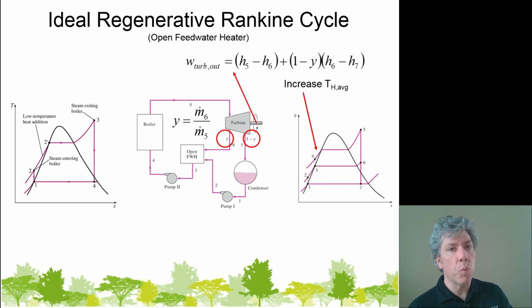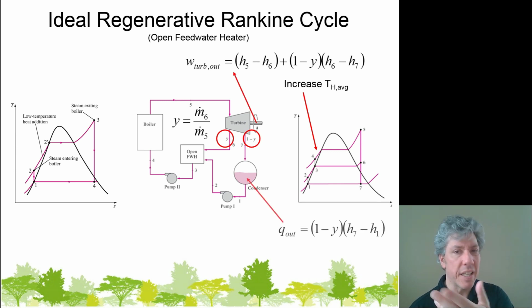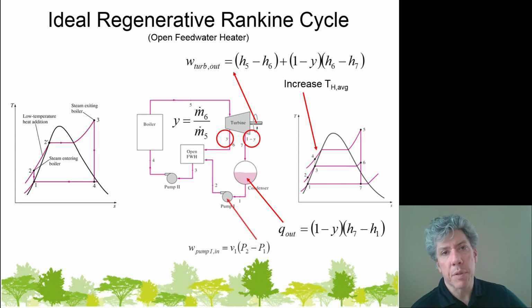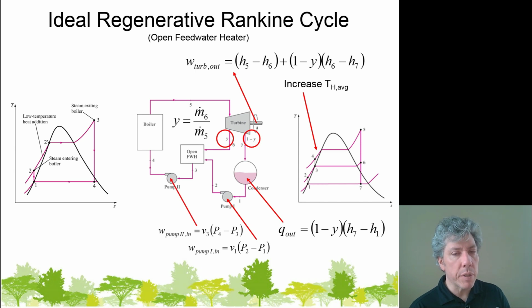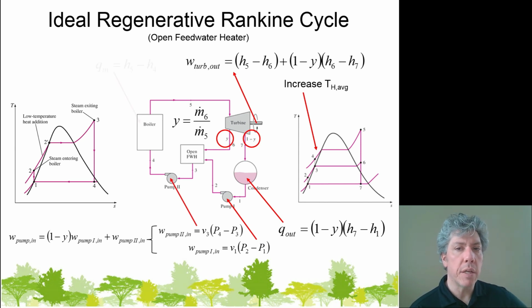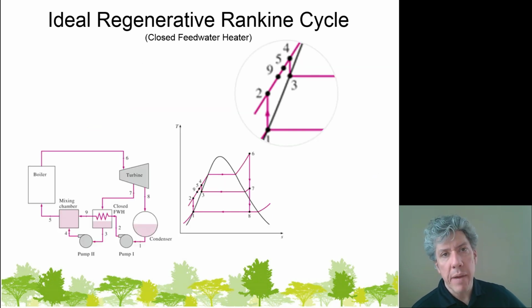But there's not just one temperature at which heat is being added. That's why that reversible efficiency doesn't work, right? The high temperature is not one. There's a multitude of temperatures. But effectively what we're doing is increasing the higher average temperature at which heat is being added to the fluid. So, hearkening back to the Carnot efficiency, this should help increase efficiency because effectively we're increasing TH.